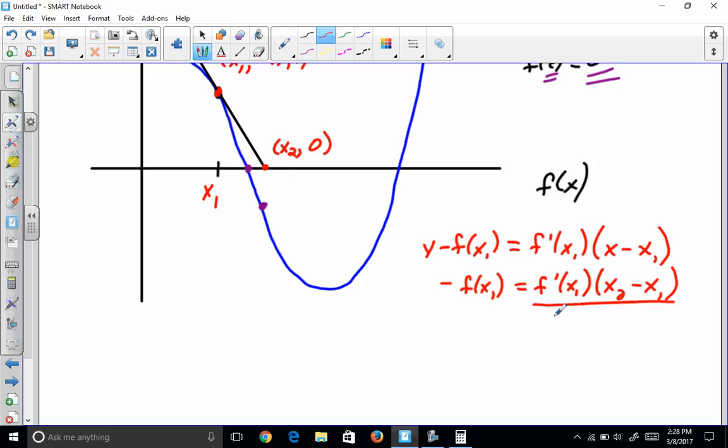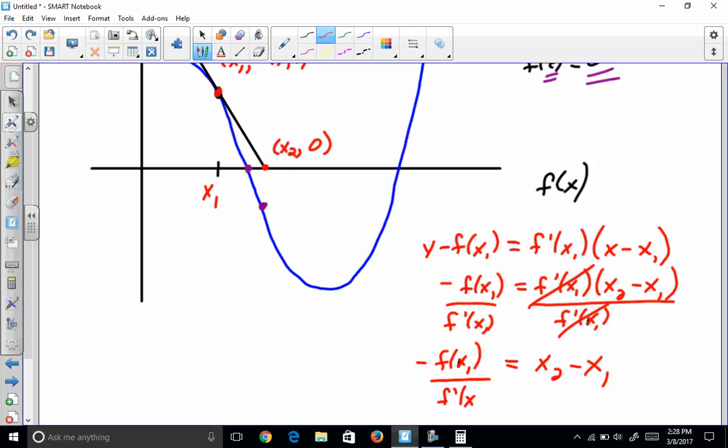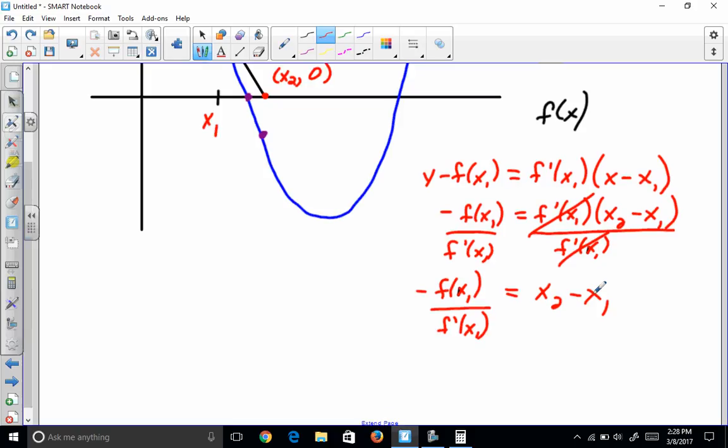Let's get rid of the f prime on the right by dividing both sides by f prime. So those cancel. So x sub 2 minus x sub 1 is this ratio. So if we want to know x sub 2, add x sub 1 to both sides. So our new x value is our old x value minus this ratio.